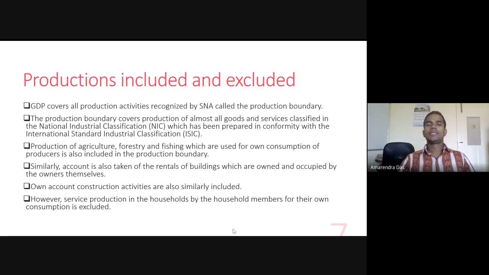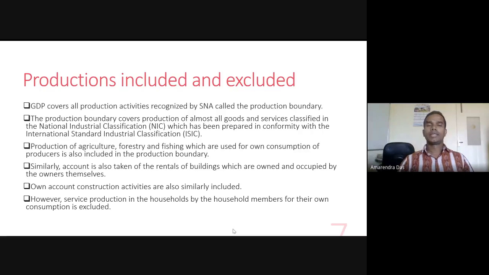How you classify the activities is decided by the national industrial classification. For example, within agriculture and allied activities, we have agriculture, fishery, livestock and forestry. Similarly, within the industry sector, we have registered manufacturing, unregistered manufacturing, construction, electricity, drinking water, and gas supply. So like that, we have national industrial classification codes.